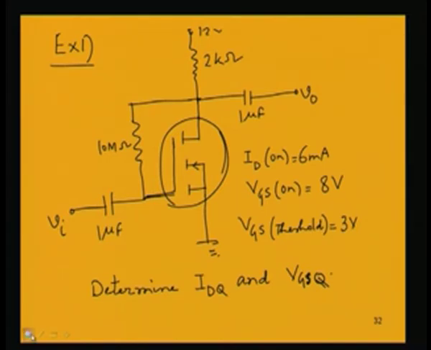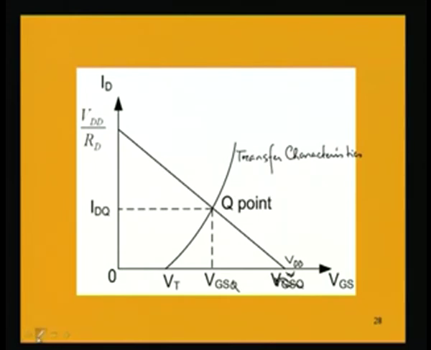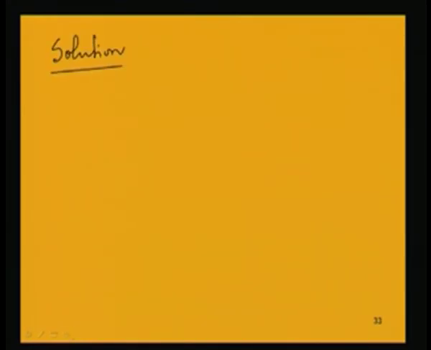The Q point, whatever we have seen here, actually denotes these two: one is the drain current and the other is the gate to source voltage. So, that has to be found out in this problem. We will be finding out basically the transfer characteristic and the straight line, and where they intersect, that point is the operating point. The operating point will give you the voltage and current values under DC.